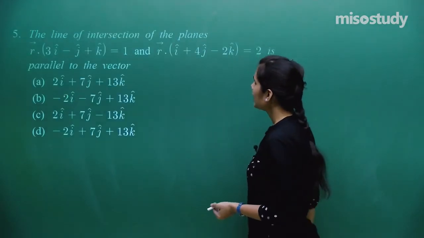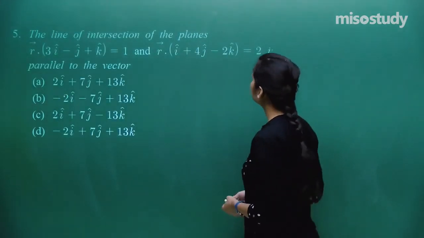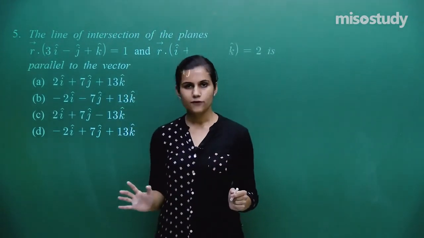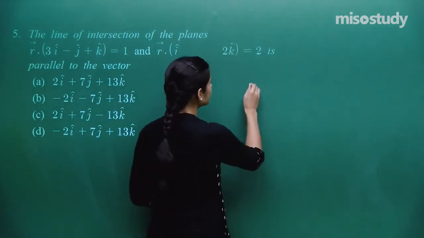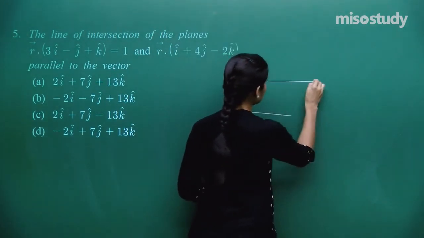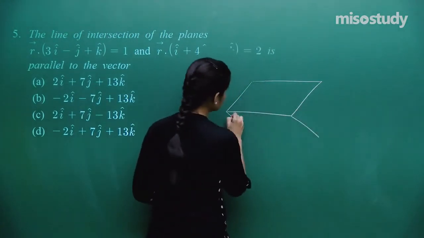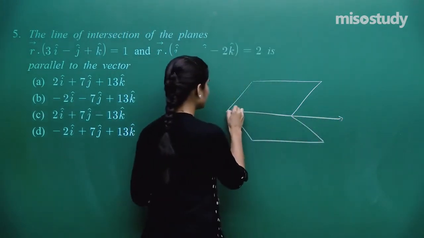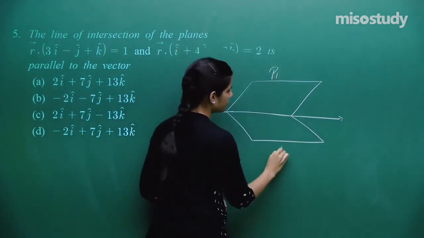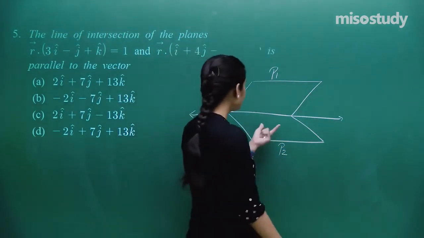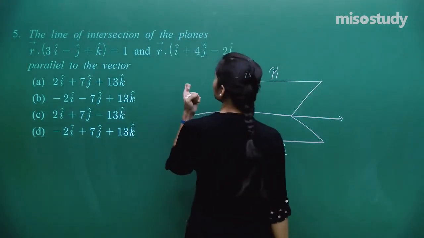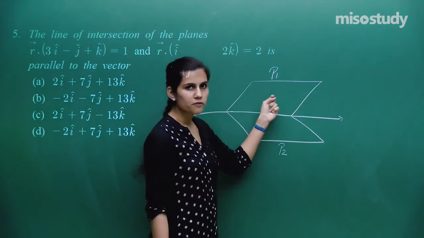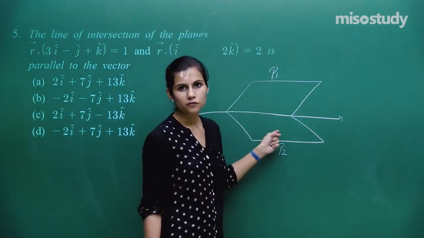Next question says the line of intersection of this plane and this plane is parallel to which vector? Now, there can be no question more direct than this. If you have understood the concept that if there are two planes which have a certain line of intersection, this is the line of intersection of plane 1 and plane 2, then I should know that the line of intersection of these planes is parallel to the normal vector of P1 cross normal vector of P2.